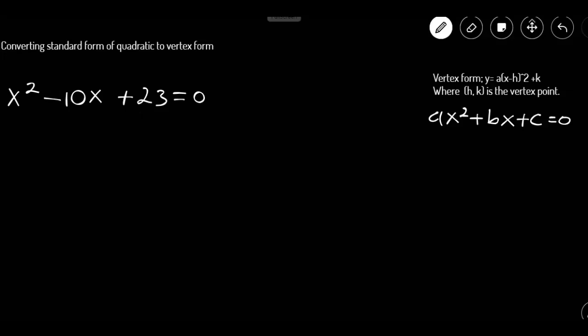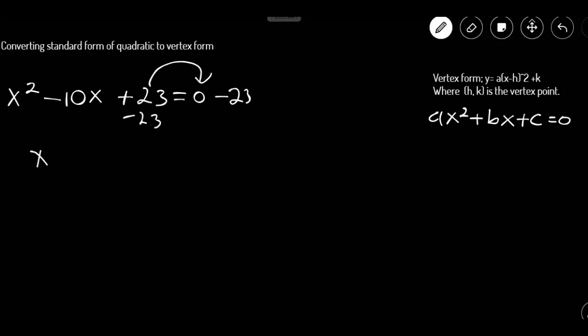So we will take our c to the other side. Here we want to make this 0, so we will subtract 25, and we will do the same thing on the right hand side.